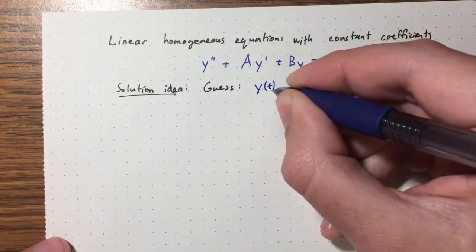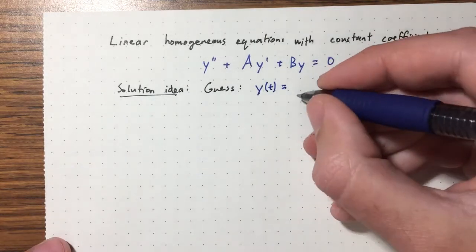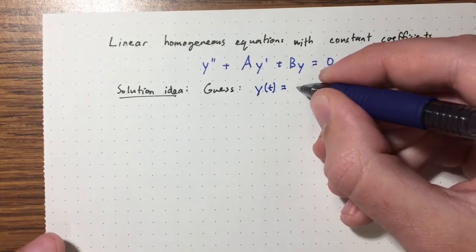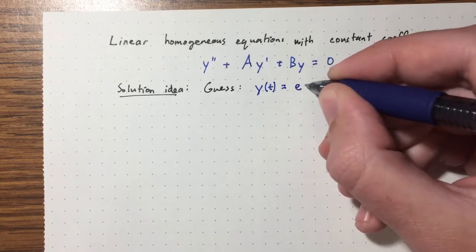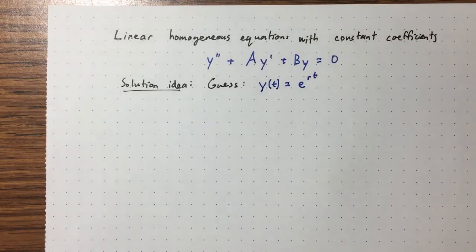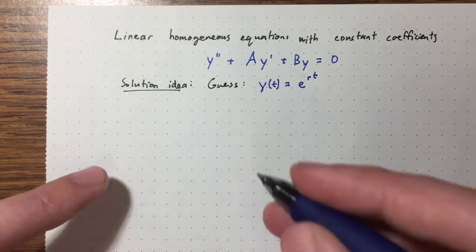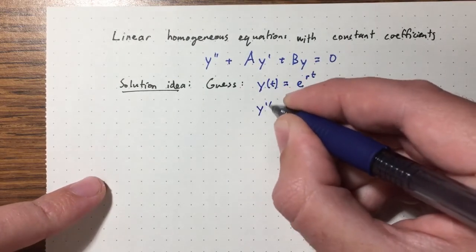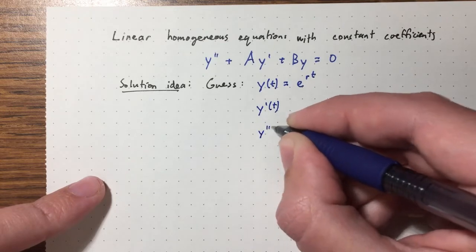So the solution is going to be y of t equals something. That something, I'd like to start by guessing an exponential, e to the rt, let's say, where r is just some number that we don't know yet, but we will be able to figure out what r is. Okay, well, why am I guessing an exponential? Here's why. So let's take the derivatives.